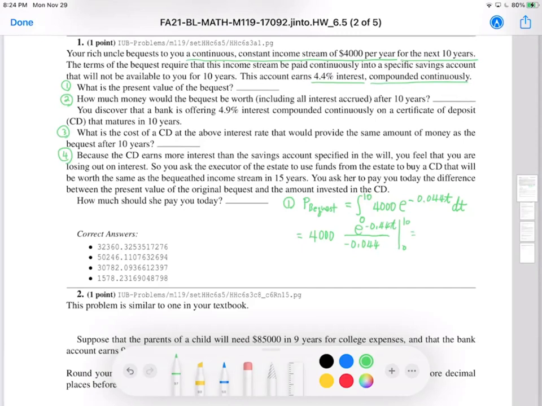Okay, the denominator negative 0.044 is a constant. Let's bring it out, then the vertical bar from 0 to 10. By the fundamental theorem of calculus, e to the negative, oh okay, there's a copy mistake.